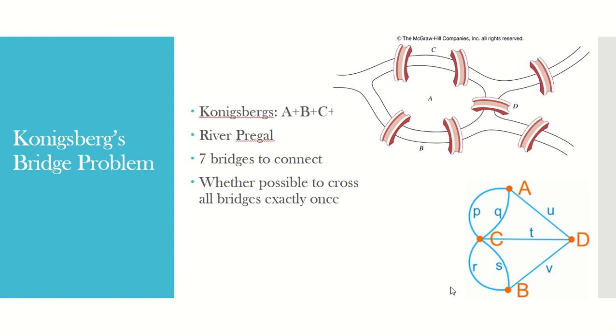Then you could apply the graph property to find out how you can travel through all the bridges exactly once using a graph traversal. So that was done. So this is about the Königsberg's bridge problem. This was the problem, and the graph data structure could find a solution for it.